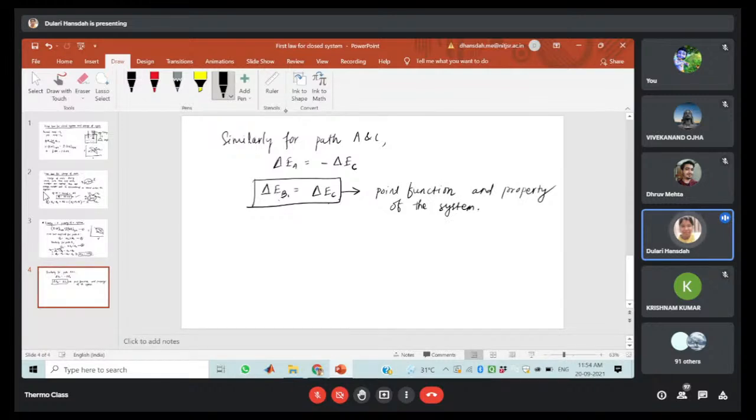So now we have proved it. It is a point function and property of the system.